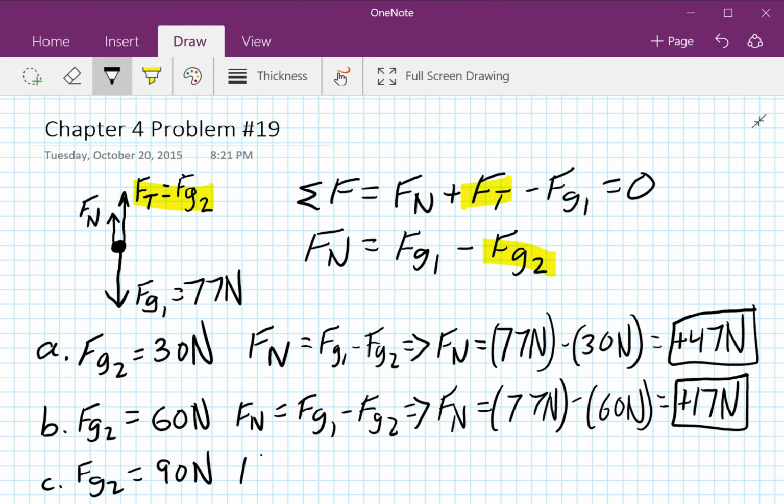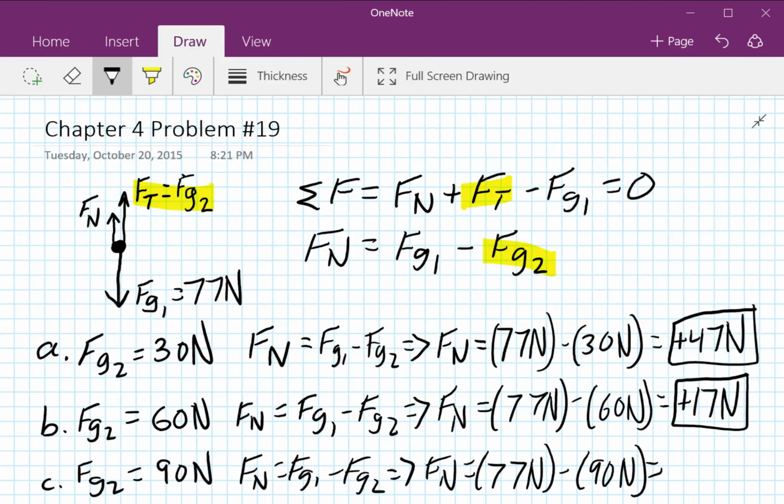Fn for the last one, same equation again, but this time we're subtracting 90 newtons. Now that should right away raise an alarm, like, wait a minute, that other mass to the right is more, well, you'd say more massive, but it has more weight.